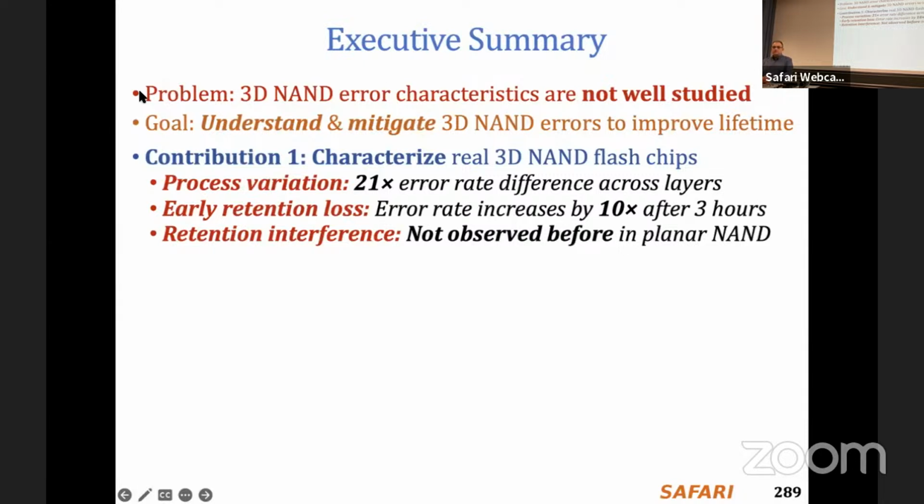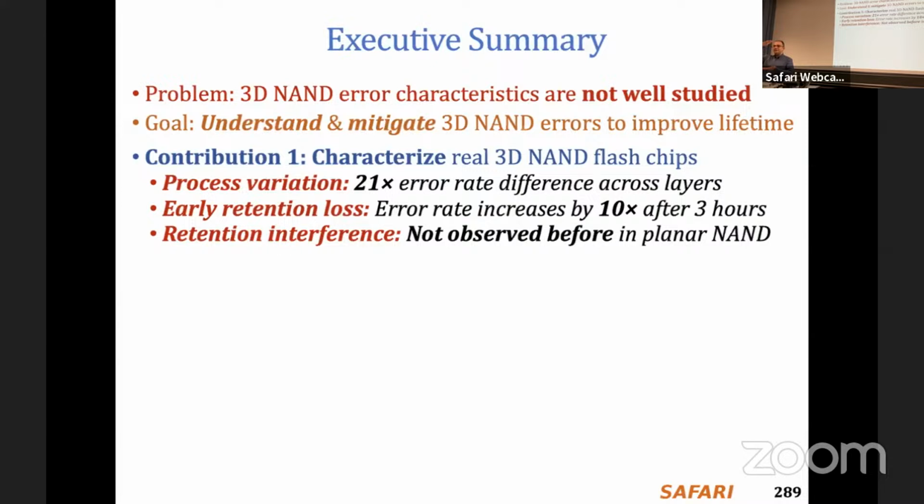That's the main thing we wanted to learn about 3D NAND flash memory. Our goal was to understand and mitigate 3D NAND errors to improve lifetime. We made several contributions. The first contribution is that we characterize real 3D NAND flash chips, and we observe process variation, which is quite interesting, like a 21 times error rate difference across layers.